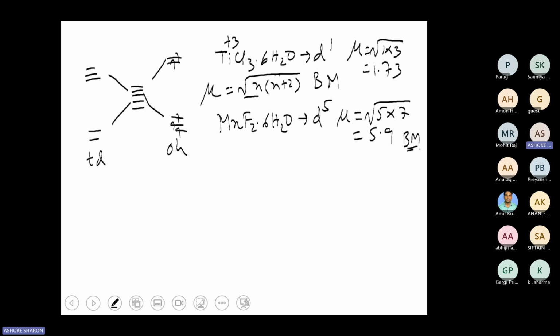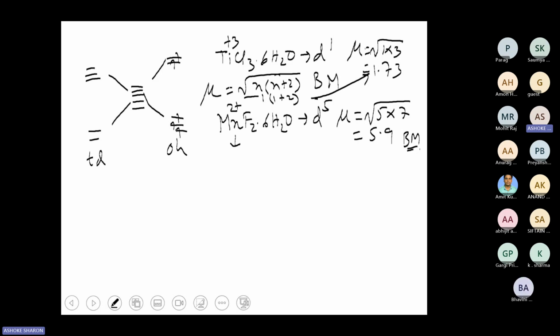So the value is root over 1 into 1 plus 2, so it becomes 1.73. Similarly, when we come to MnF2·6H2O, Mn has a plus 2 oxidation state. It is a d5 system. So for this, we have got 5.9. In this way, you will have to calculate all the different things.